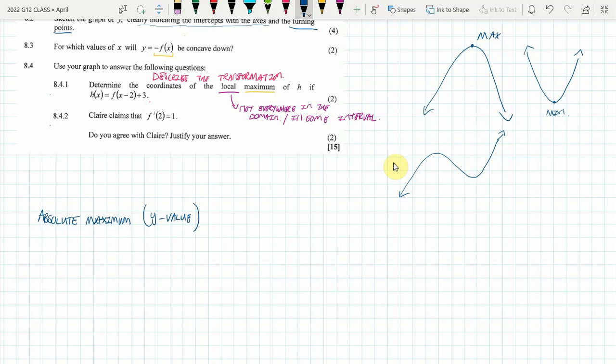We say f(a) is an absolute maximum if f(a) is greater than or equal to f(x) for all x in the domain. Some domains are not the entire real numbers, so I'm just going to say in the domain of f.